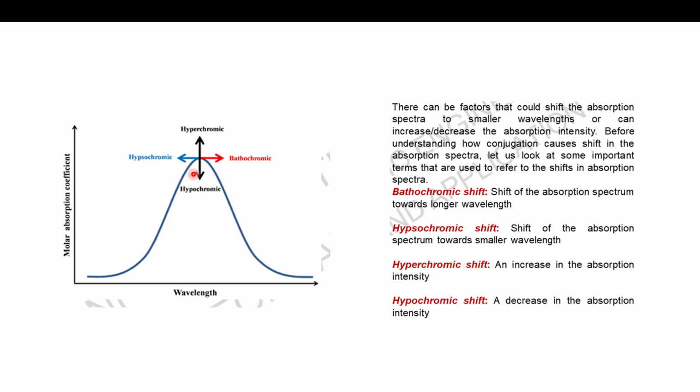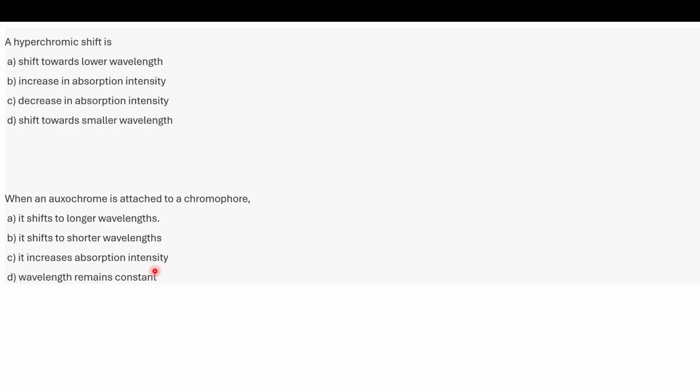Then there's hyperchromic shift, where the molar absorption coefficient or intensity of absorption increases, and hypochromic shift, where the intensity of the absorption decreases. So this is what the next questions are about. A hyperchromic shift is an increase in the absorption intensity.